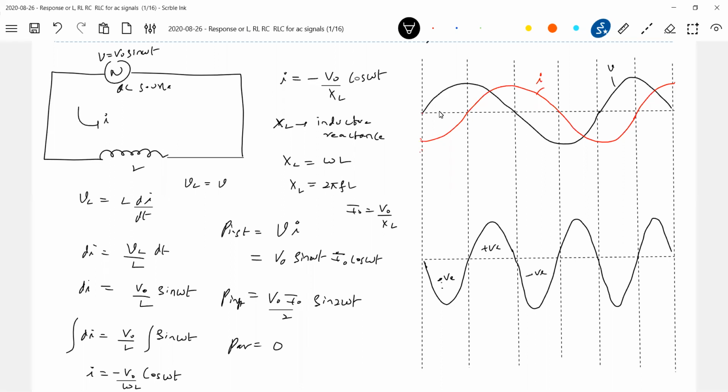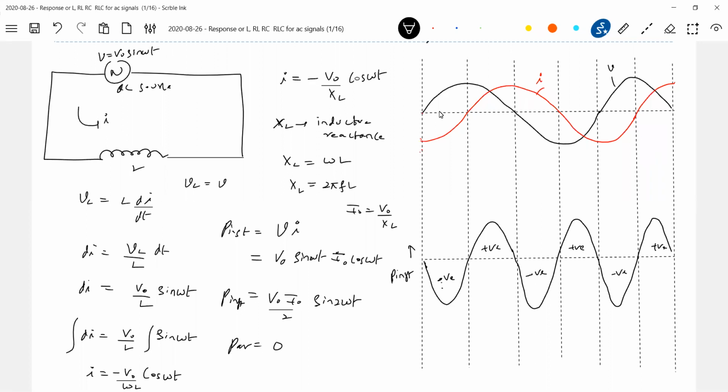Like this, the negative and positive we'll put here. And what is the average power? The average power will be 0. There's an expression for instantaneous power. So what is the inductor? An inductor is an element which will not consume power, but what it offers to the circuit is that it makes the current lag the voltage.